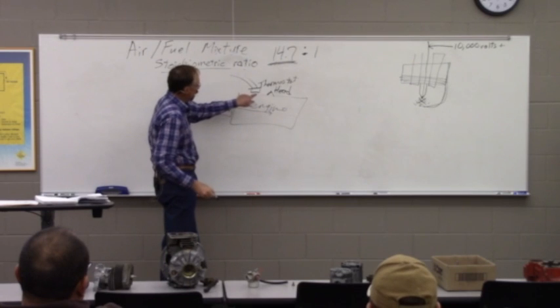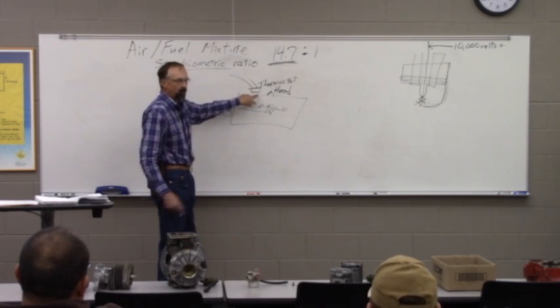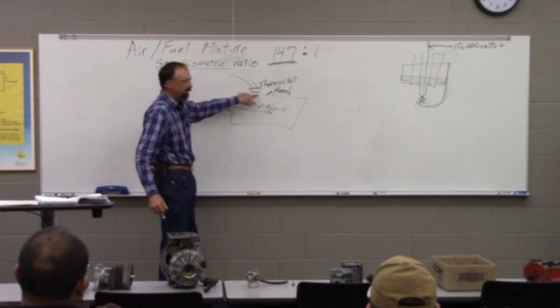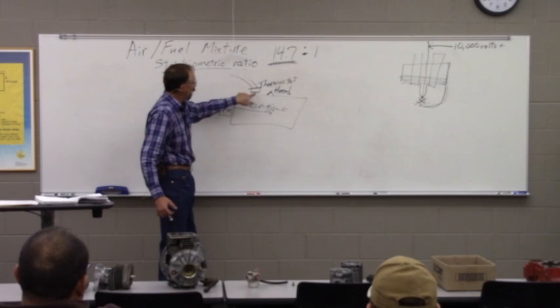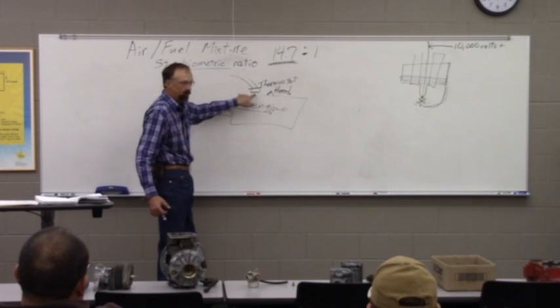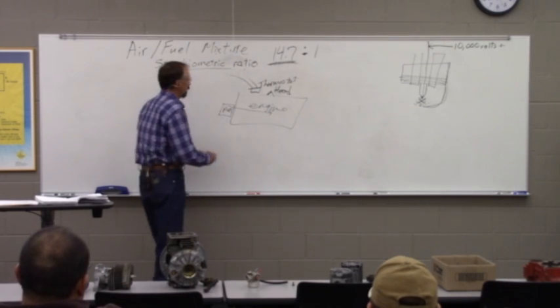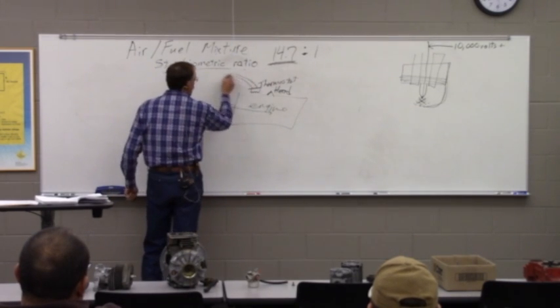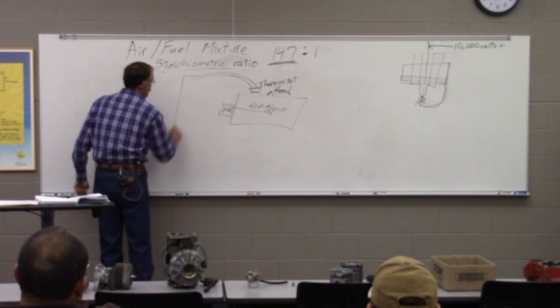And whenever the water inside here reaches a predetermined value, for example, a 192 degree thermostat is a common thermostat, when the water on this side of the thermostat reaches 192 degrees, it opens and lets the water escape out this top radiator hose and comes here to the radiator.